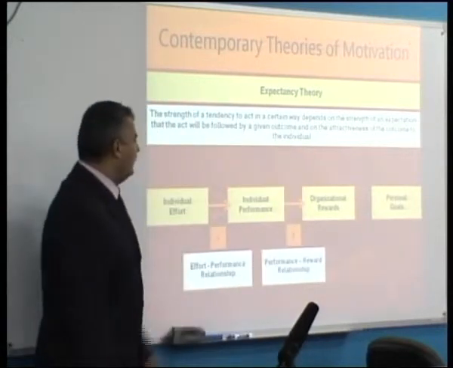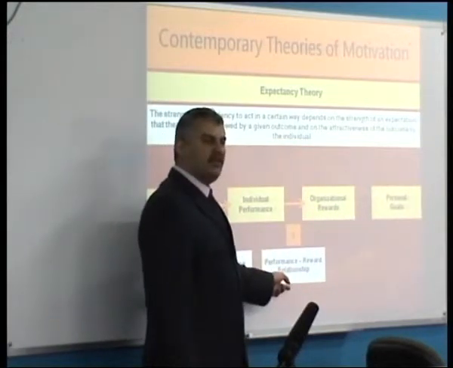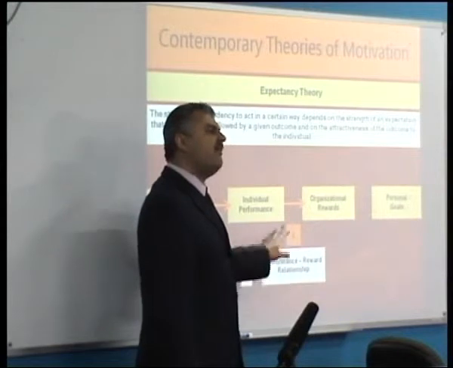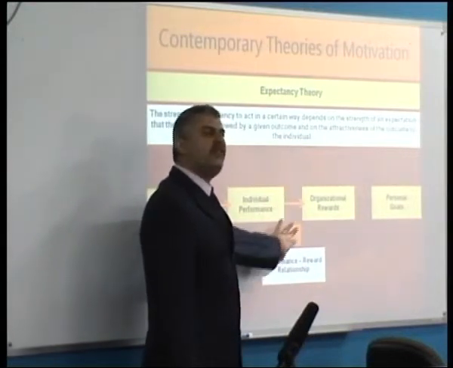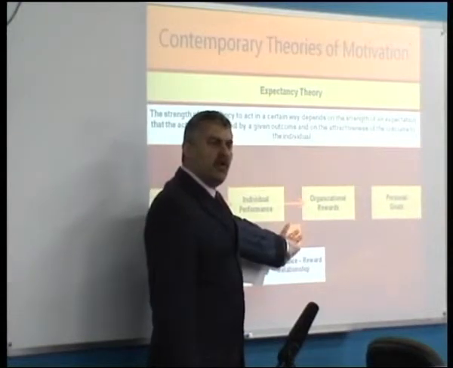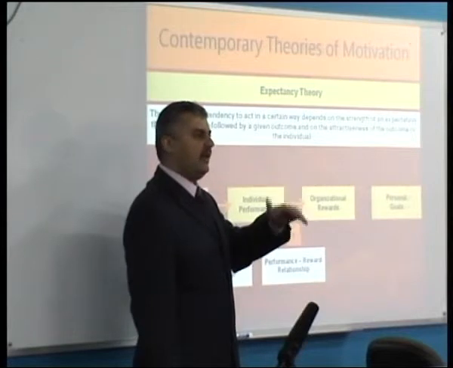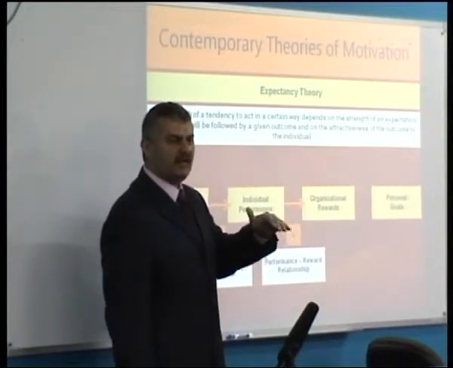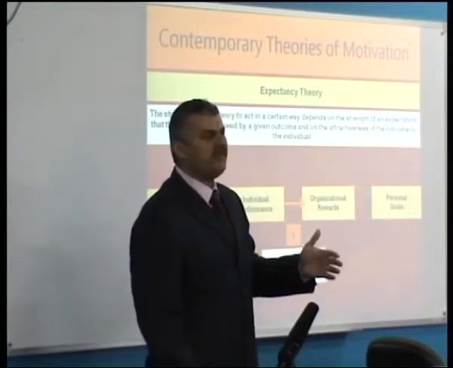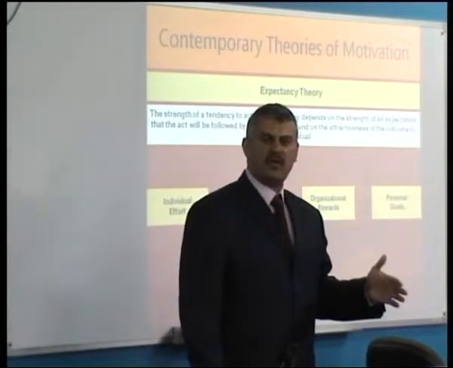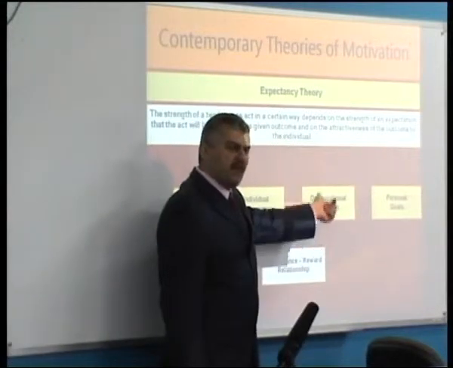Now, the second question is to identify the performance-reward relationship. The question here is, if I reach the performance level, am I going to receive a reward or not? I need to identify whether the performance level I can reach is satisfactory to the organization. If it is satisfactory or desired by the organization, then there is an expectancy to receive the reward.